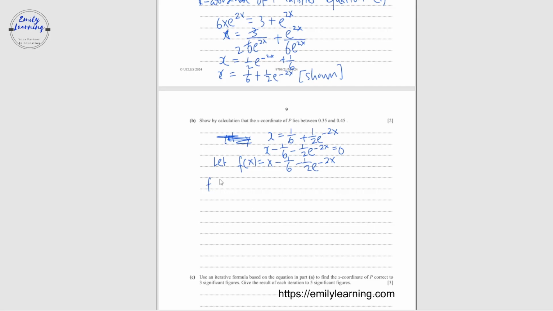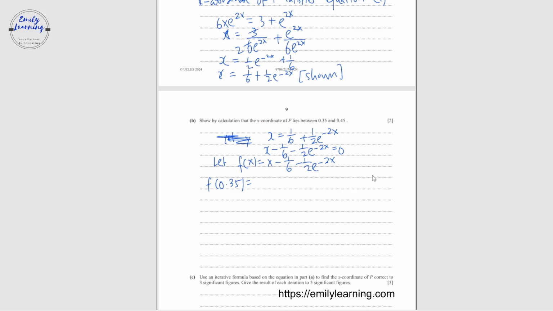So let me find out what f(0.35) is. That means I'm going to sub in 0.35 into this one. This is the numerical method.